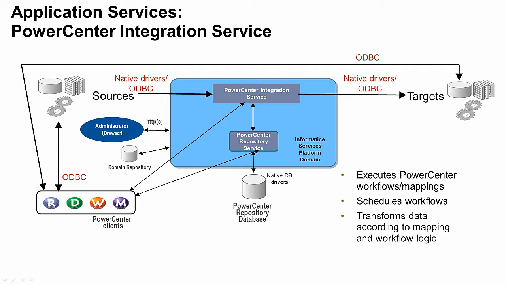The repository database is outside of the domain services. The client tools interact with the repository. I build a mapping and it gets stored in the repository. I use ODBC connectivity to fetch metadata, because when I build a mapping, I need to know what that structure looks like. So I import the metadata definitions, and typically that's done using ODBC connectivity.